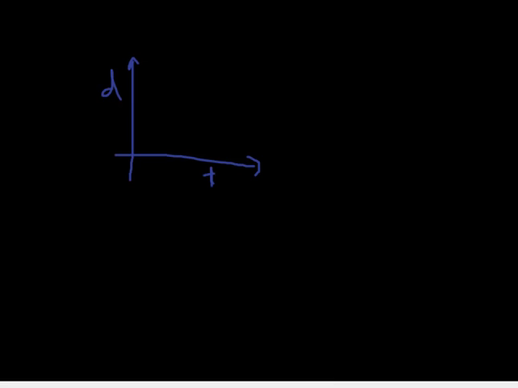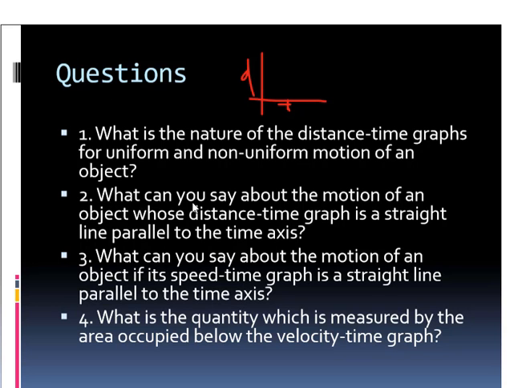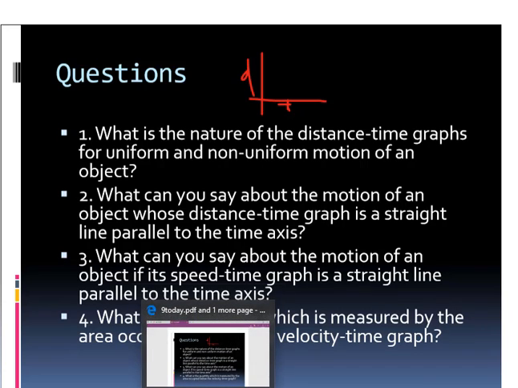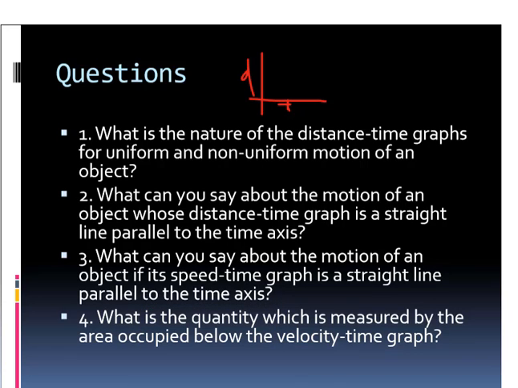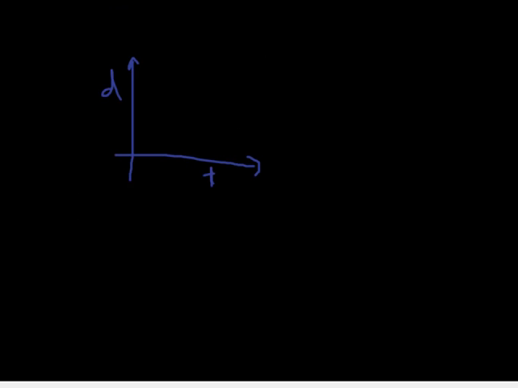Let us come back to the question again. What can you say about the motion of an object whose distance time graph is a straight line parallel to the time axis? Now the line is parallel to the time axis. Here if I choose a line here, this line is parallel to the x-axis. So what can you say about this?